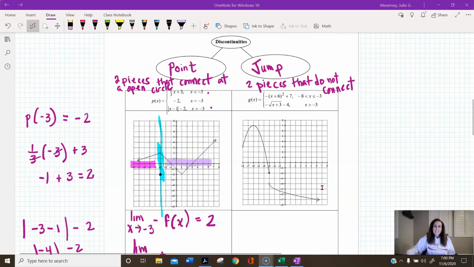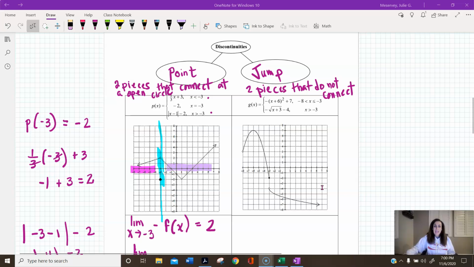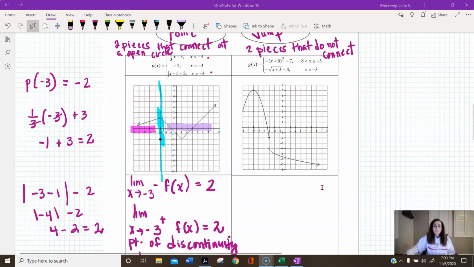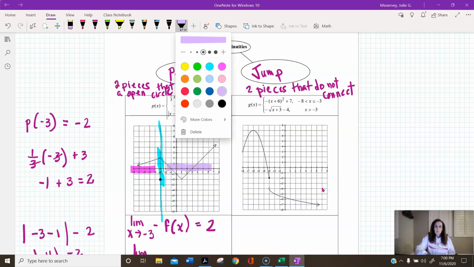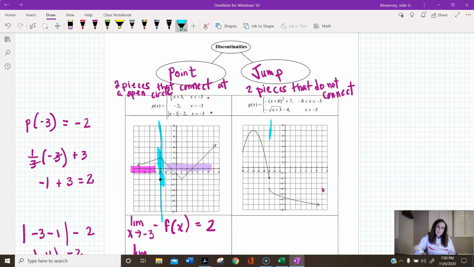Looking at this next problem, we have what's called a jump. We're going to do the same thing. We are going to come into negative 3 again, because that's where the graph is breaking. Let's see what happens to the limits as I come in to negative 3.